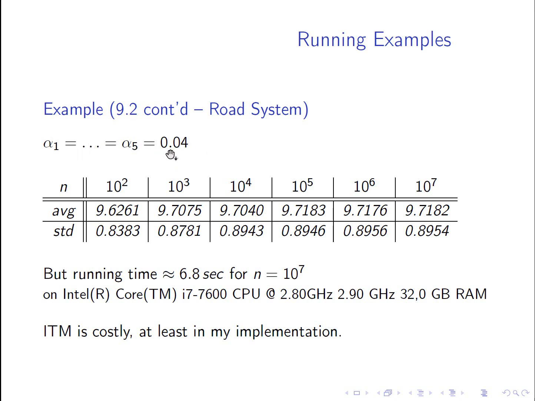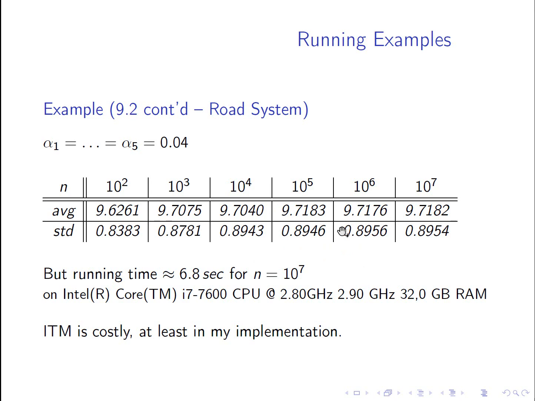If you look at my implementation, it turns out that the ITM is the costly part, so that's the bottleneck for this application. The variance is decreased, but the running time is increased, and that's not what we wanted, but it's the way it is.